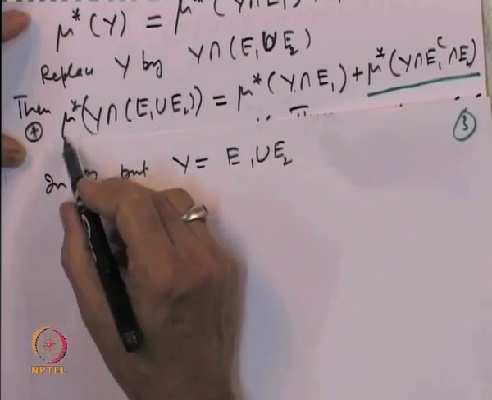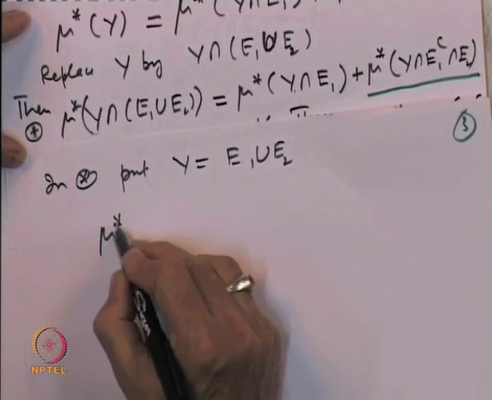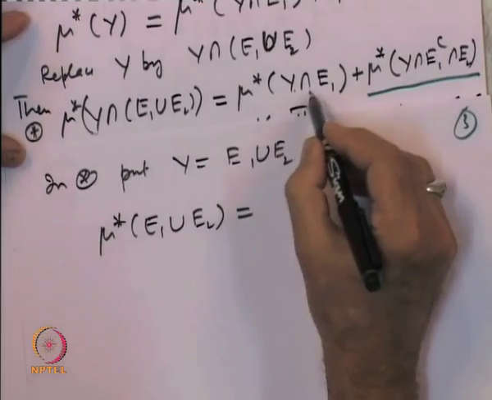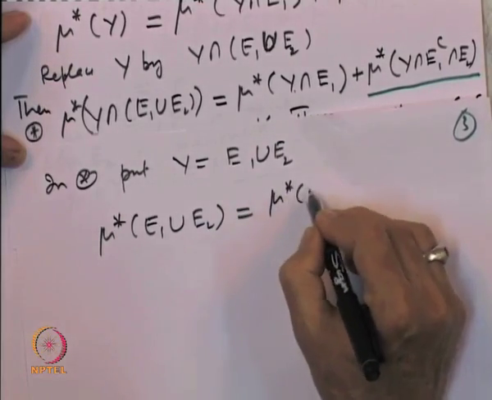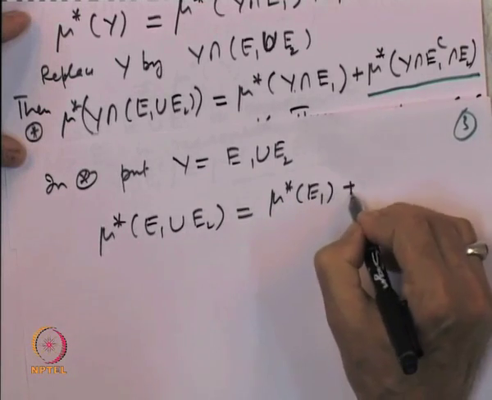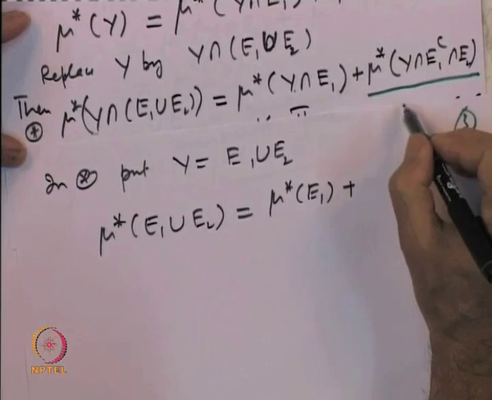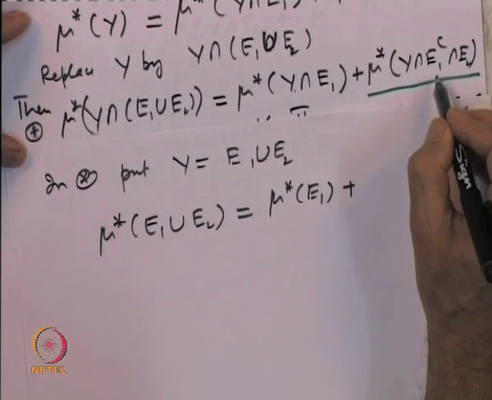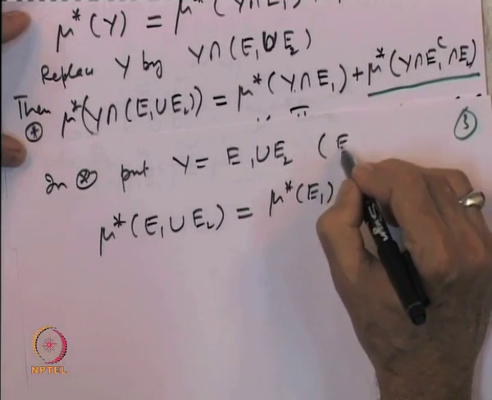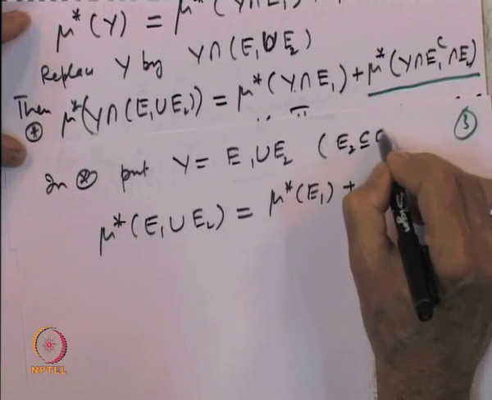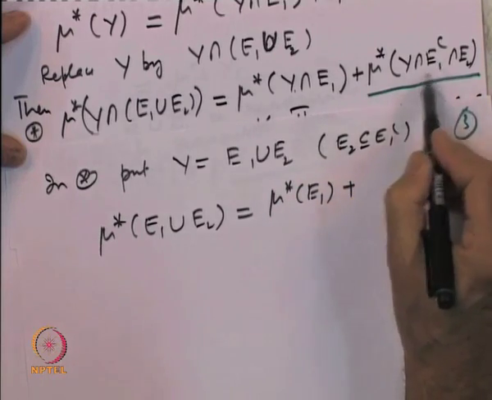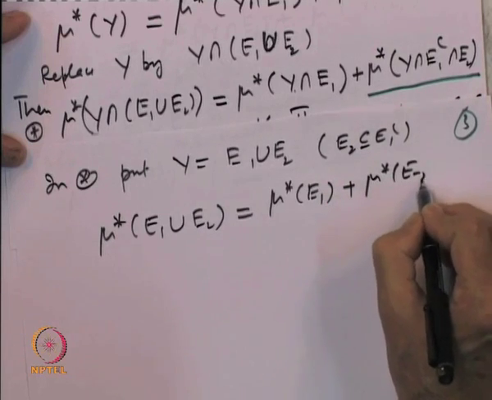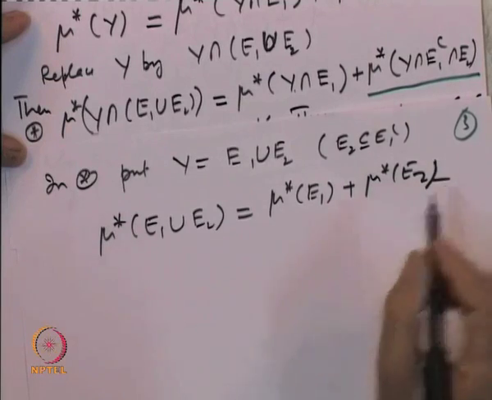Keep in mind they are disjoint. So, the left hand side will be mu star of E 1 union E 2, equal to the right hand side, where the first term is mu star of E 1, plus, in the second term, because E 1 and E 2 are disjoint, E 2 is a subset of E 1 complement. So, that means this is nothing but plus mu star of E 2.